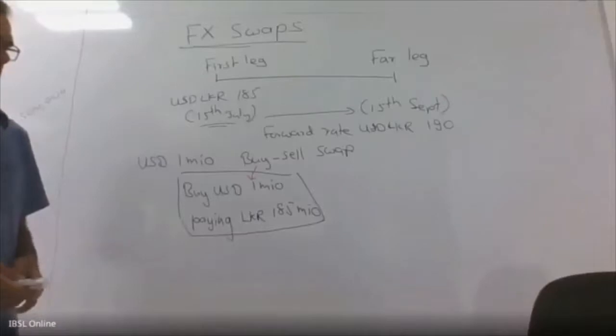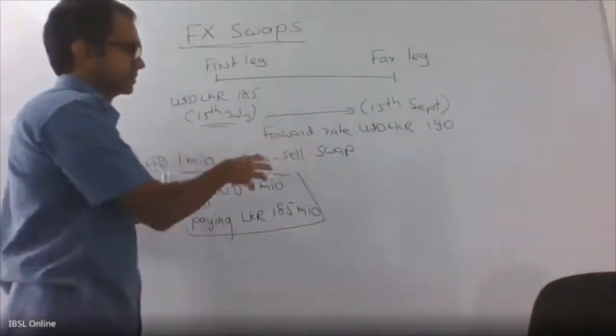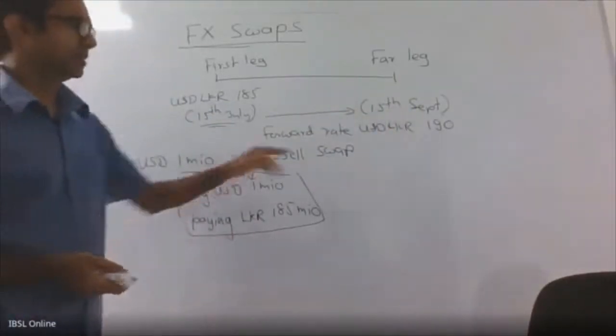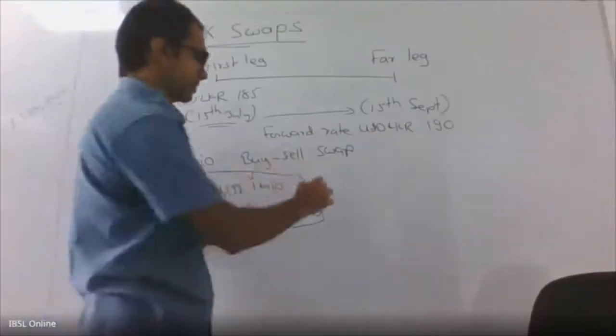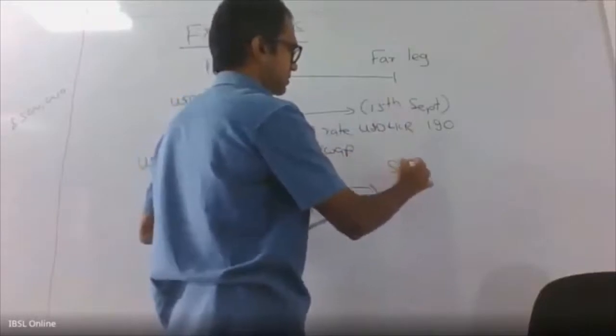Now what do you do? Meantime, you have entered into a transaction to sell the same $1 million on 15th September, and the applicable exchange rate is 190. The reverse is you do it here on 15th September.